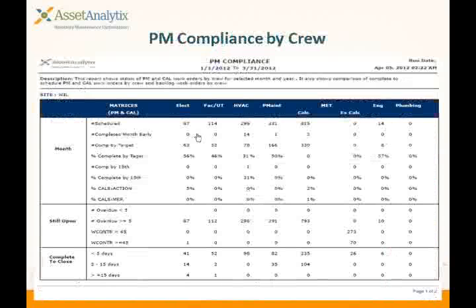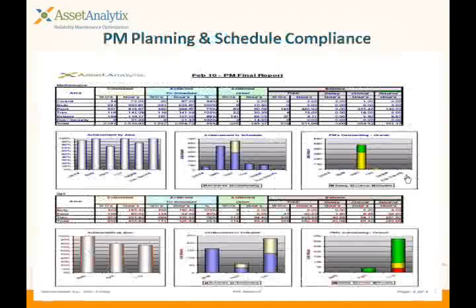Again, this is another view of PM compliance by crew. It is showing by month, and here these are different crew. This can help show how crew is doing, and in some cases you can actually identify the area.